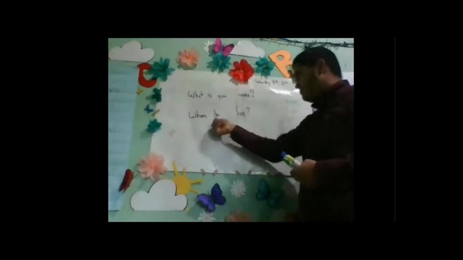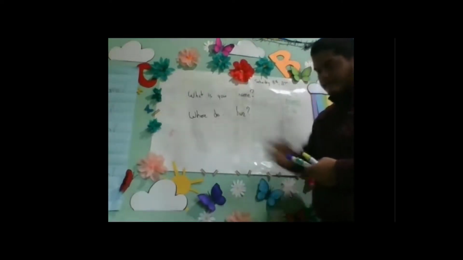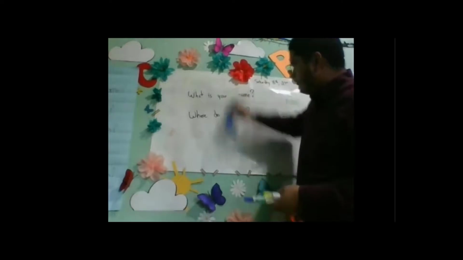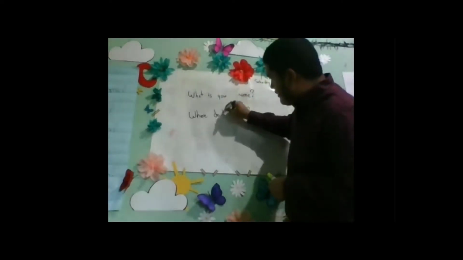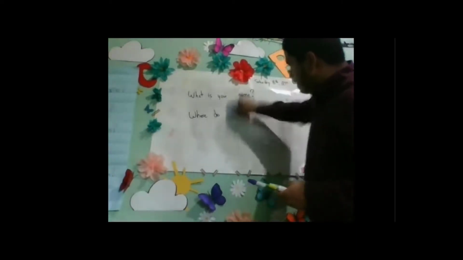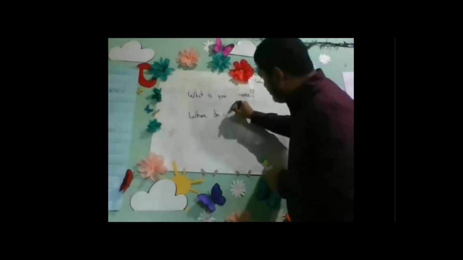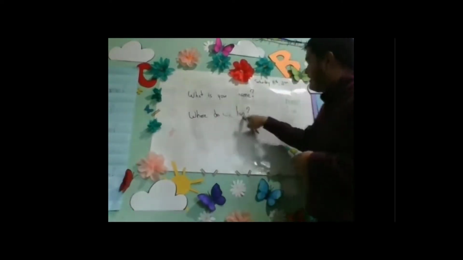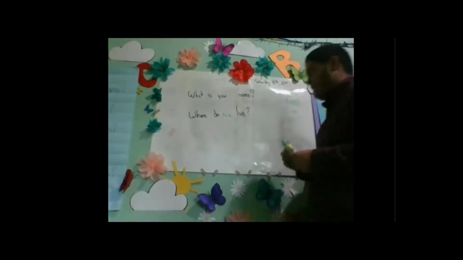It's perfect. We use do with I. They. Where do they live? Correct? Or where do we live is also correct.